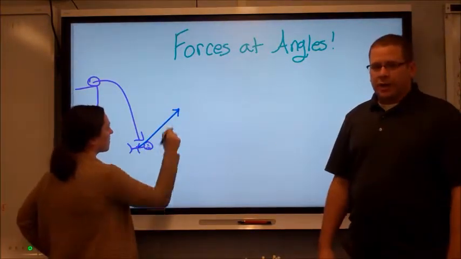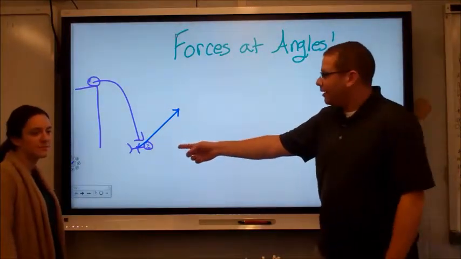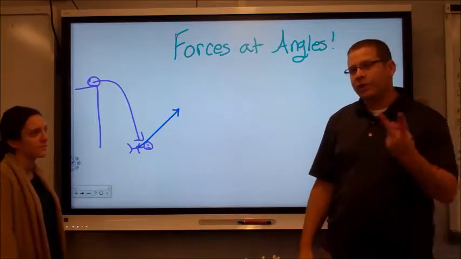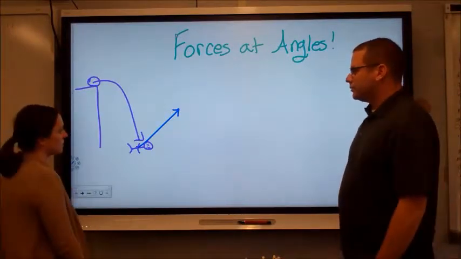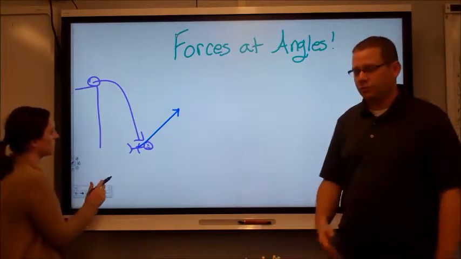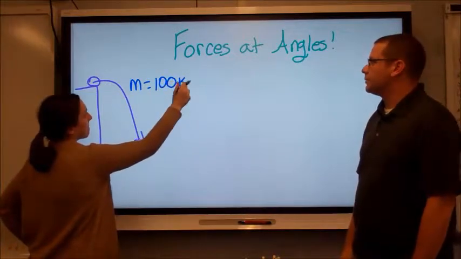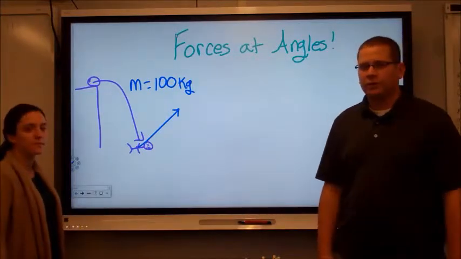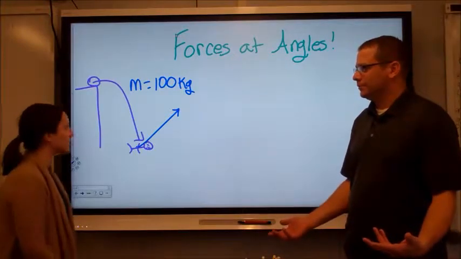There's a problem with that. When you pull a dead body at an angle, you're pulling in two different directions at the same time. So let's give myself a mass. Let's say I'm 100 kilograms, just a nice round number. And you pull with, make up a force, it's got to be a big force, 300 newtons.